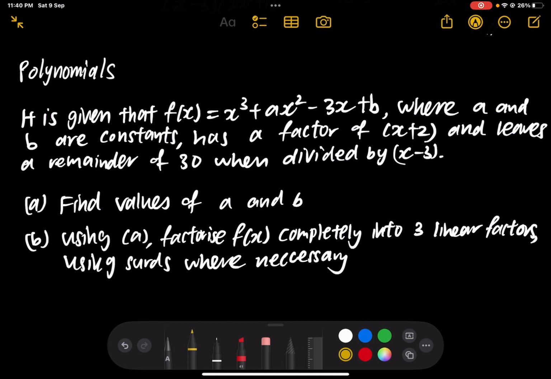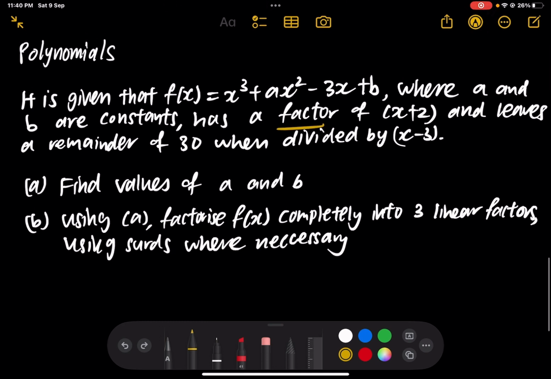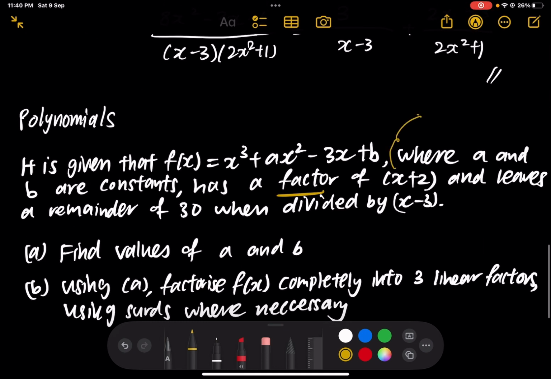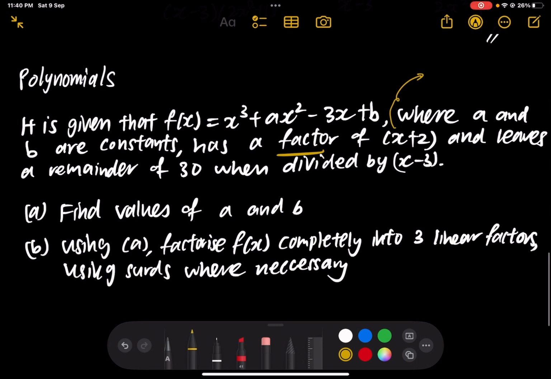When I say I have a factor of x plus 2, I'll have to equate x plus 2 to be 0. Why? If it's a factor, that means the remainder is 0.